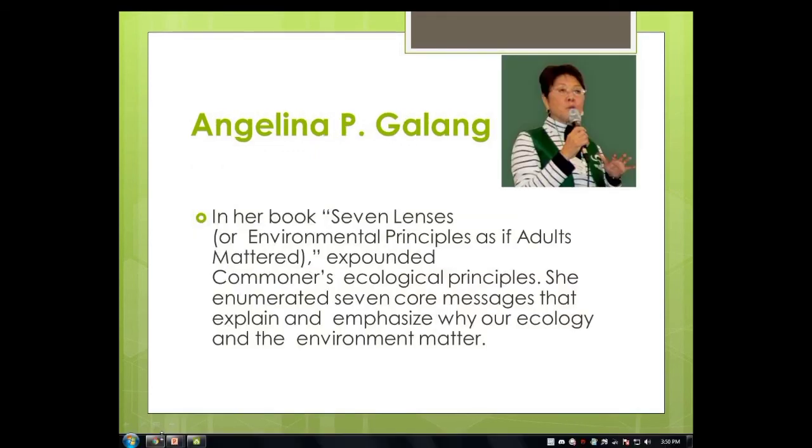Alright, so sino naman si Miss Angelina P. Galang? Miss Angelina P. Galang is also one of the Filipino environmentalists. In her book, 7 Lenses or Environmental Principles as if Adults Mattered, she expounded Commoner's ecological principles.